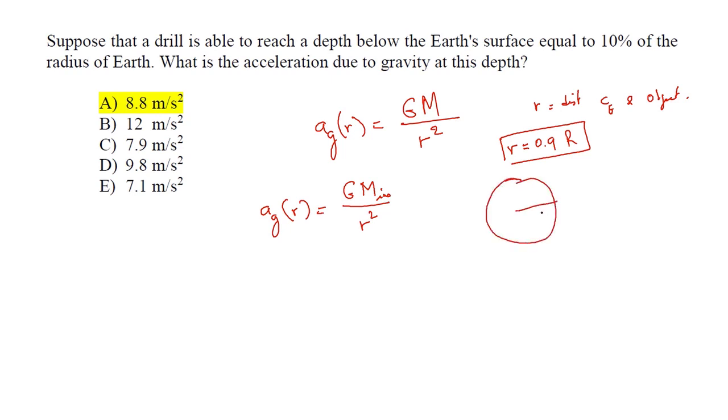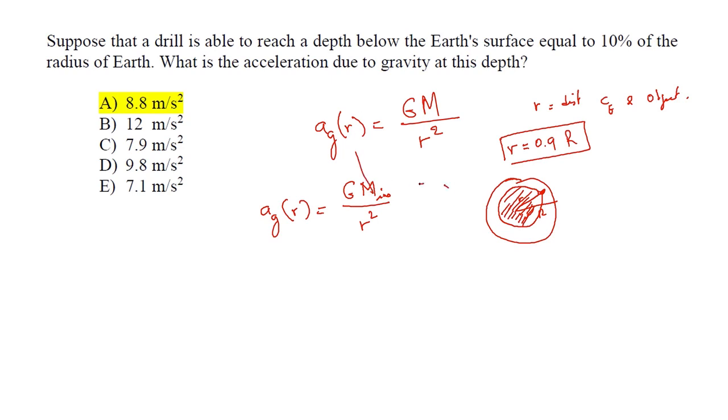Okay, it has a radius R. My object is somewhere here. So this is the inner sphere, right? So I need to get the mass of this inner sphere such that if I have my gravitational acceleration here, because of the shell theorem, the external part will not attract the object. Only this inner sphere will exert a gravitational force, a gravitational acceleration on my object.